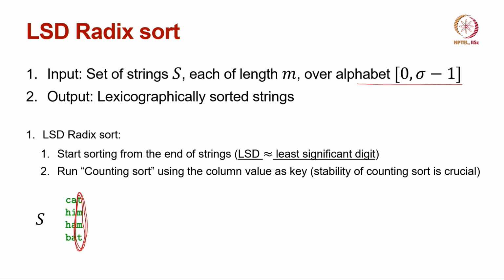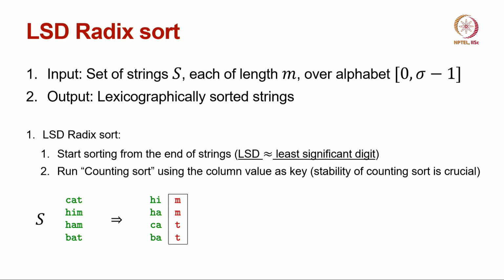So we are going to sort these strings based on the key observed in this column. If we sort these strings based on the last column, because the character m is smaller than character t, the strings that end with m will occur before the strings that end with t. So that is the first iteration.